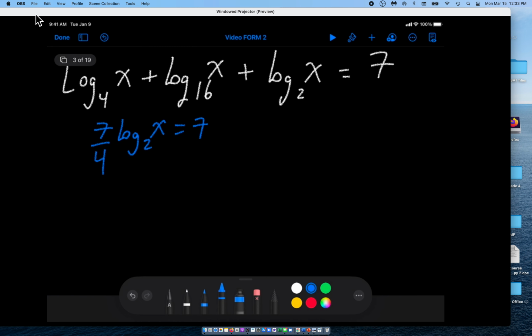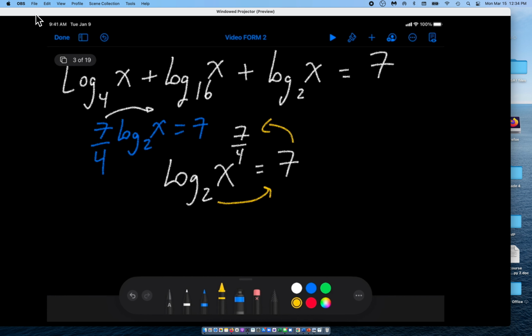I'm going to take this coefficient that's out front and bring it back and use it as an exponent for the argument. Now we're in the familiar position of using Whirlybird. So we're going to have 2 to the 7th equals the argument, x to the 7/4.